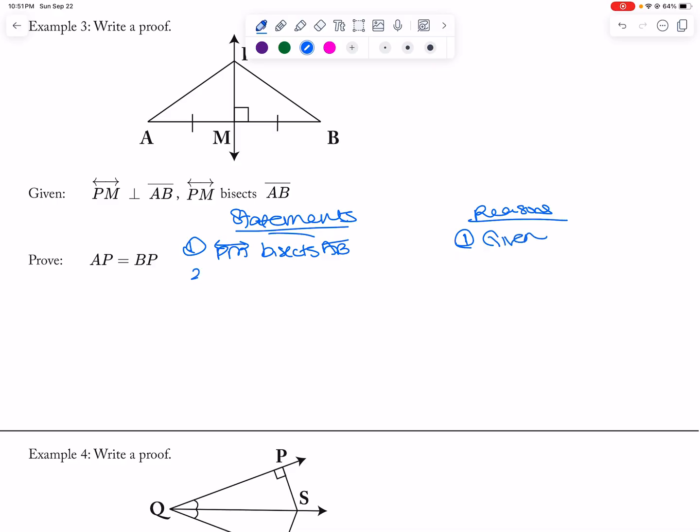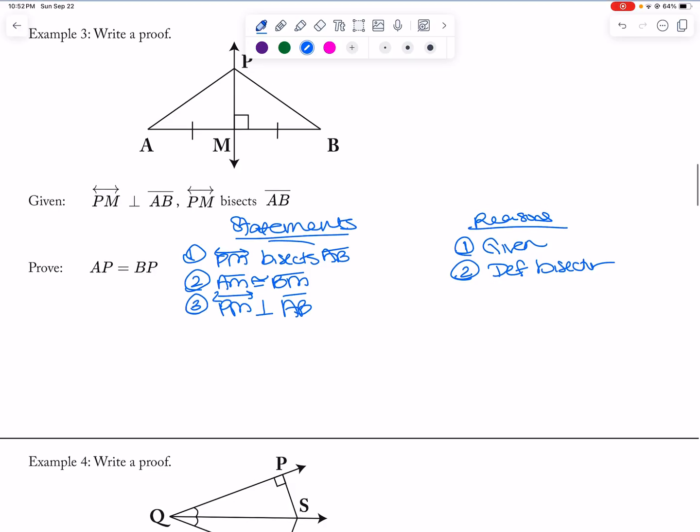And then I can say that AM is congruent to BM, by definition of bisector. And then 3 would be PM is perpendicular to AB, and that is given.